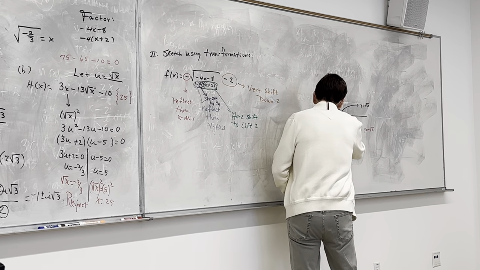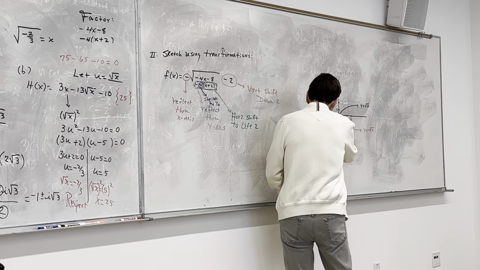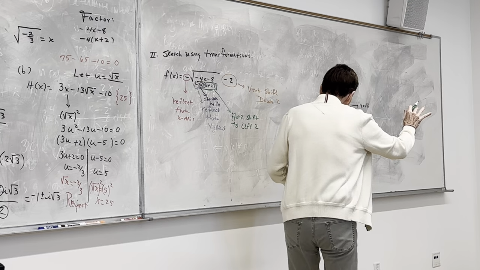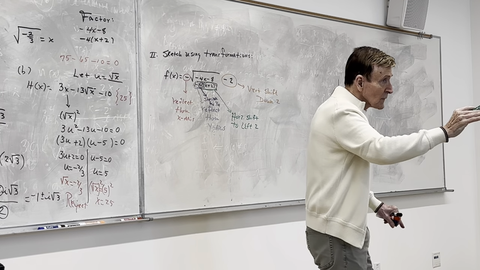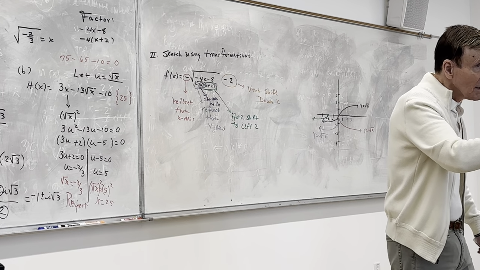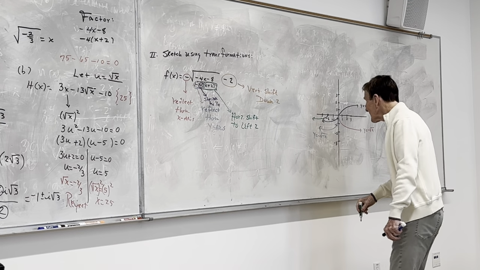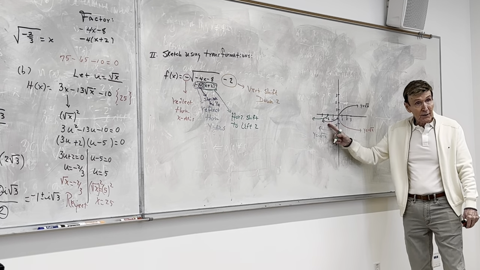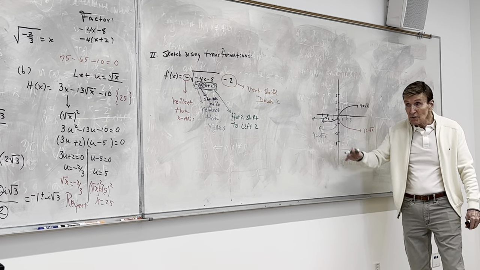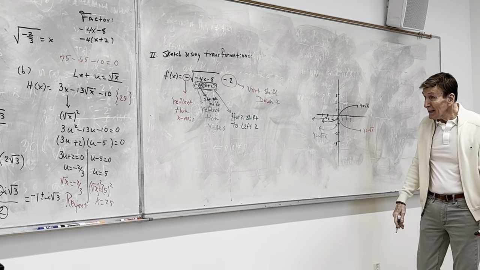Yes or no? And not like this? Yes or no? Is that 2 to the left? By the way, it looks somewhat like the other graph, except it's been shifted over 2 to the left. I did that in green.